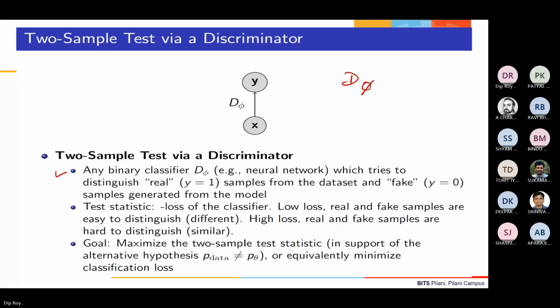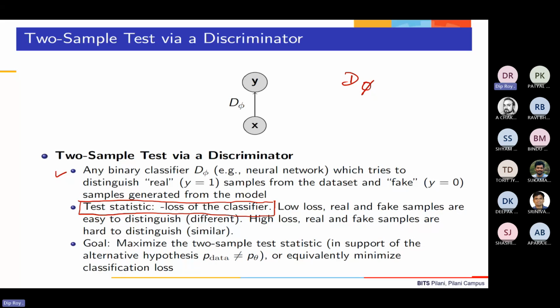Okay. The key thing to note here is this: test statistic is equal to minus loss of the classifier. I'll come to that a little bit later. It means that if you have low loss, real and fake examples are easy to distinguish.